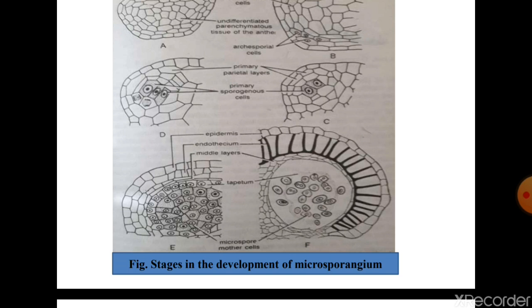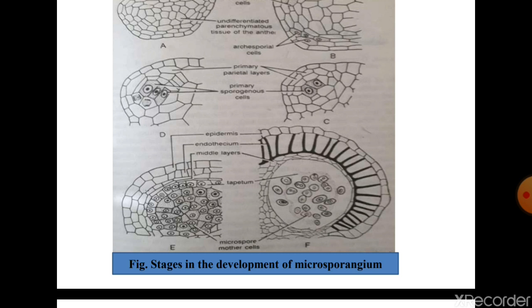The outermost parietal layer forms the endothecium, and next to endothecium there is formation of 2 to 3 layered middle layers, and the last layer of the parietal layers forms the nutritive tissue, that is tapetum.